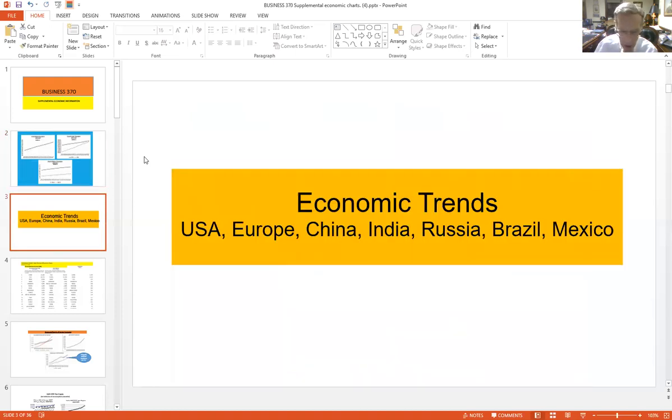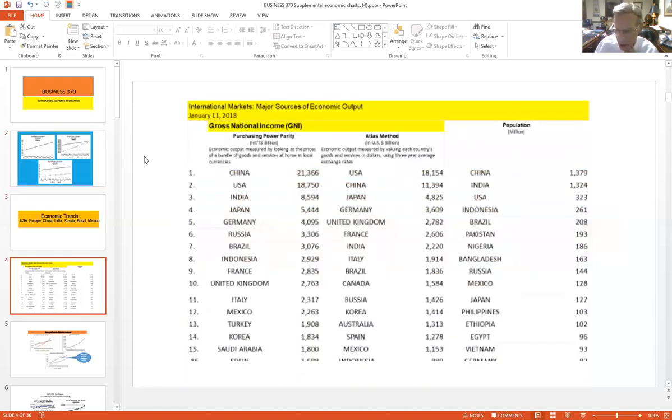So let's take a look at some economic trends. And this slide is particularly interesting. You can see the world's countries and economies ranked in sequence by size on two different bases.